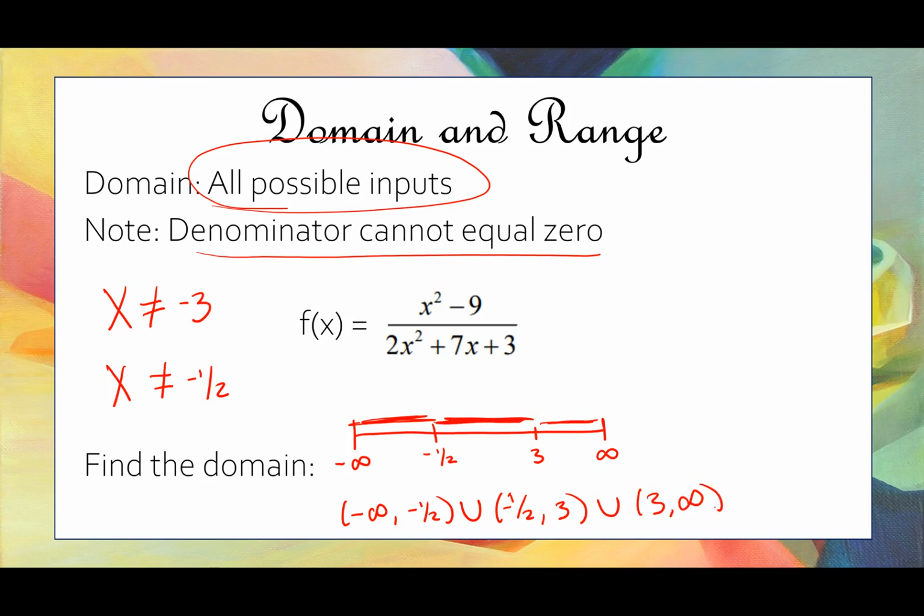So you're basically saying all possible values except for -3 and except for -1/2, because those are open intervals or open brackets, if you will.